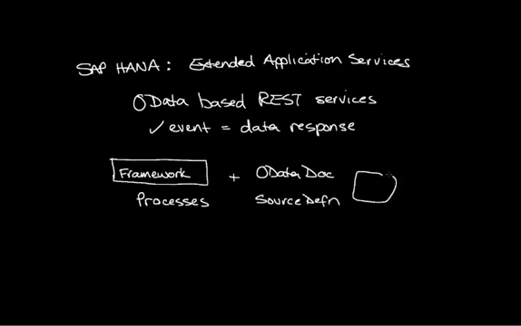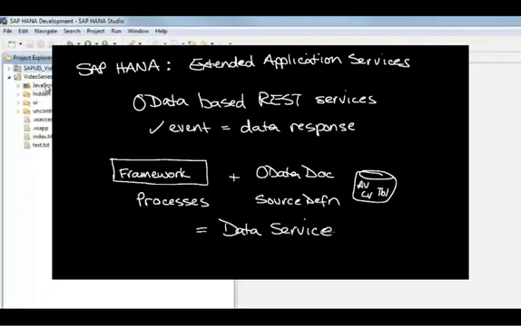We need only define an XS OData document to describe which database artifacts we want to use as the source of our service, and all the other runtime processing will be handled for us by the HANA Extended Application Services.